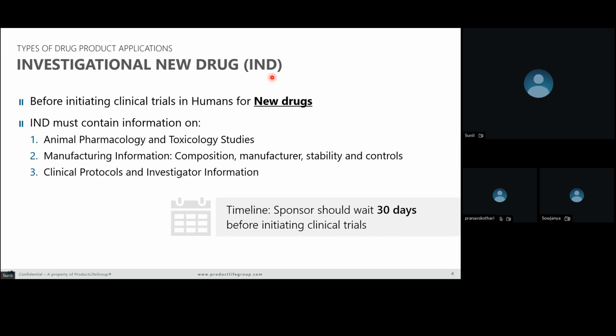Yeah. And also, let me give you an example with the chronology. Suppose a company started doing animal studies in 2021. For 5 years they did several animal studies, and now in 2026 July they are ready with their animal studies. They have also manufactured a few batches. They may be small scale batches also, and they have prepared their clinical protocols, but they haven't started clinical trials.